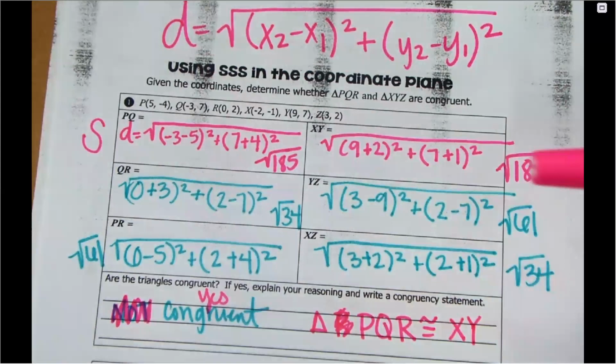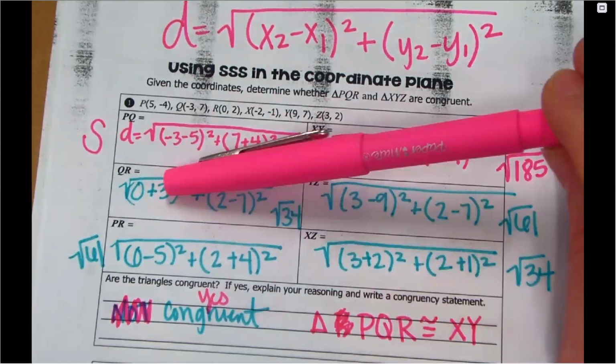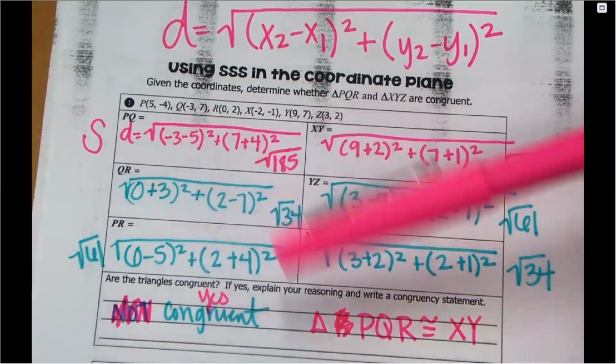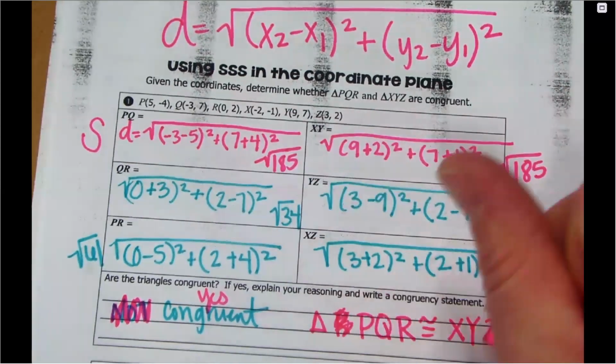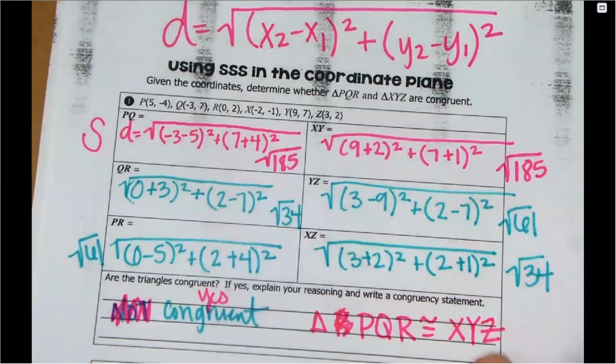Then the last two, QR, is congruent to who? YZ. So we'll have that Z there. Triangle PQR is congruent to triangle XYZ. Oh, I forgot the triangle. Always.